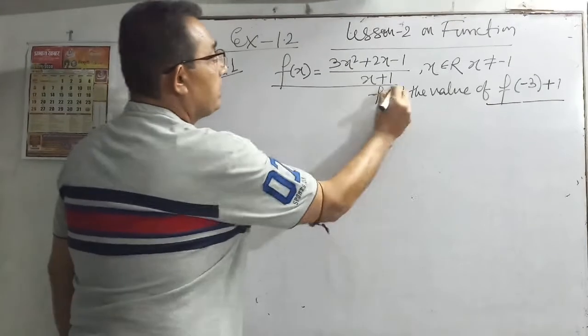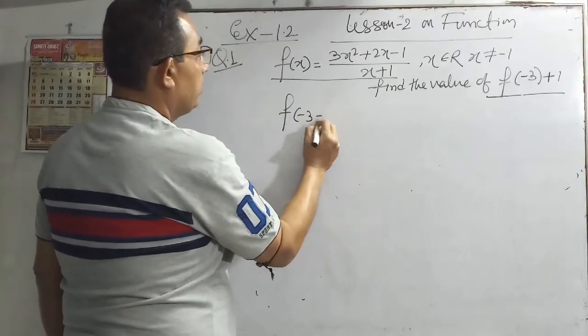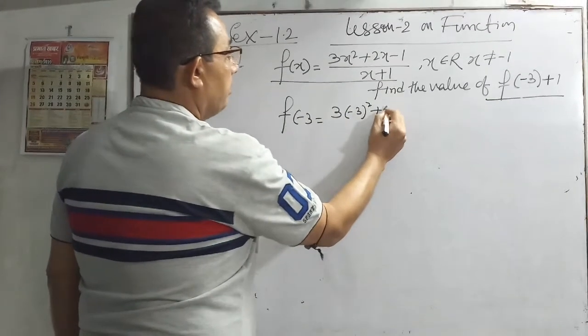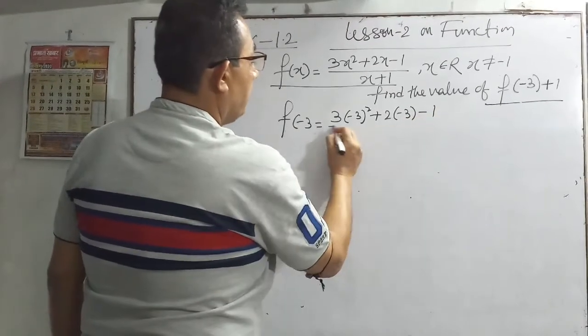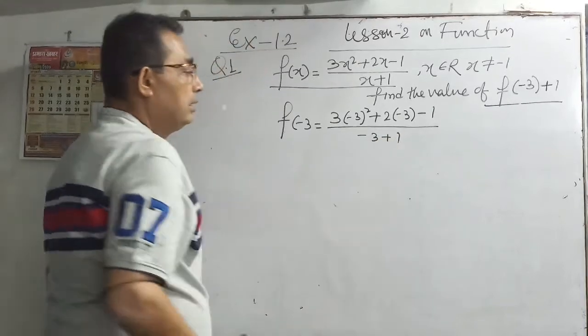Now f(x) is this one. f(−3) equals what? (3(−3)² + 2(−3) − 1)/(−3 + 1).